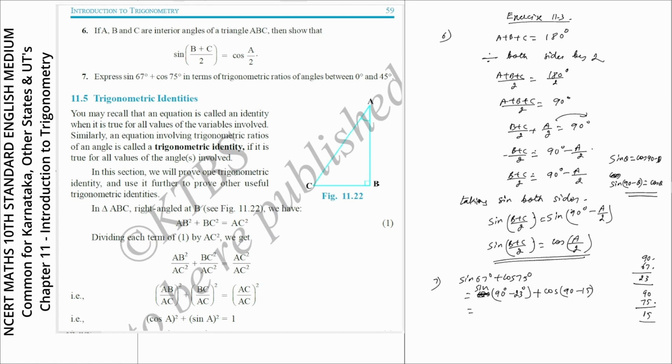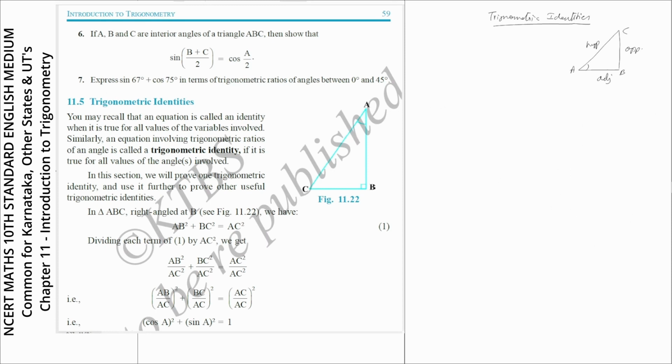Now sine of 90 minus 23 degrees is cos of 23 degree, plus cos of 90 minus 15 degrees, sine of 15 degree, and that completes it. Because we know that sine of 90 minus theta is equal to cos of theta. Similarly, cos of 90 minus theta is equal to sin theta. And that completes this problem and this exercise.